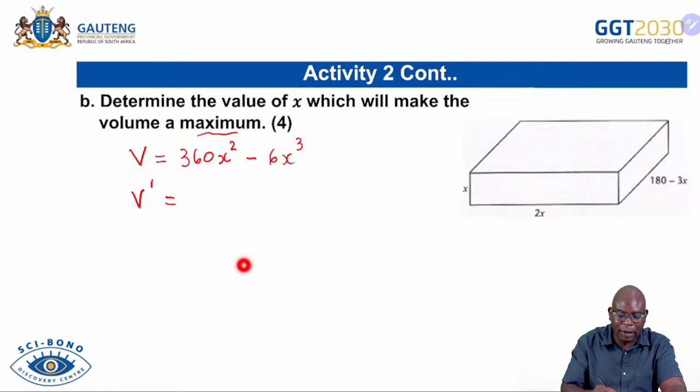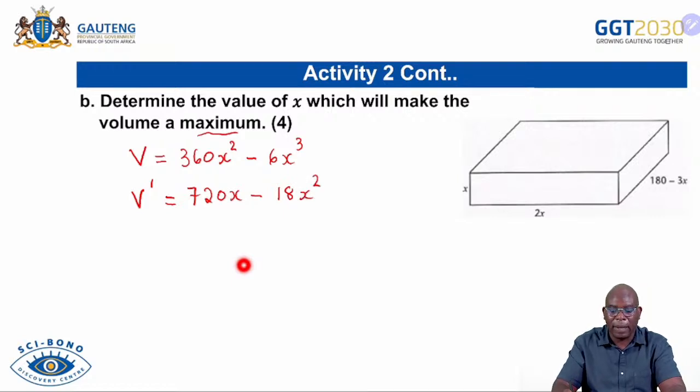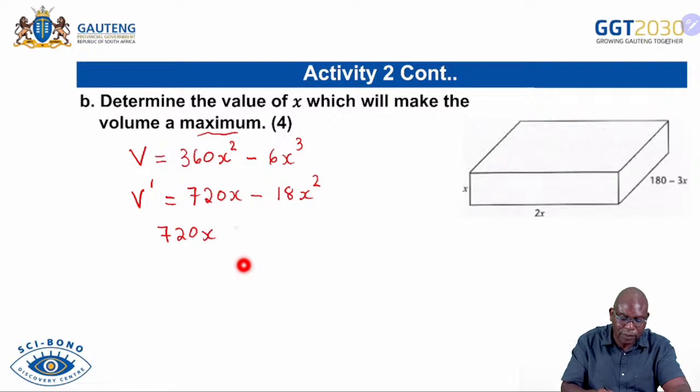Then from there, I'll have 720x minus 18x squared. But then I need a value of x. Remember, at the maximum the gradient on the graph will be equal to 0 when we differentiate. So we put that to be equal to 0. So we say 720x minus 18x squared equals 0.